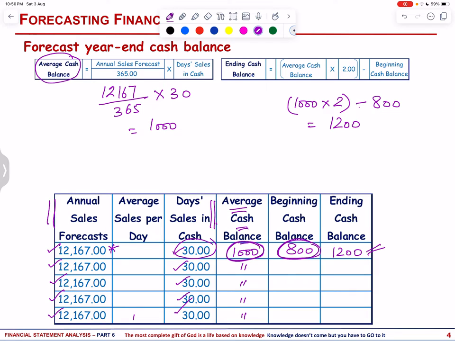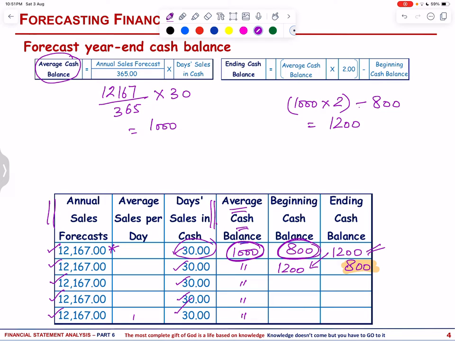And for year number 2, the projected year-end cash balance will be 800, and let us see the reason why. For year number 2, the beginning cash balance will be the ending cash balance of year number 1, and that is 1200.